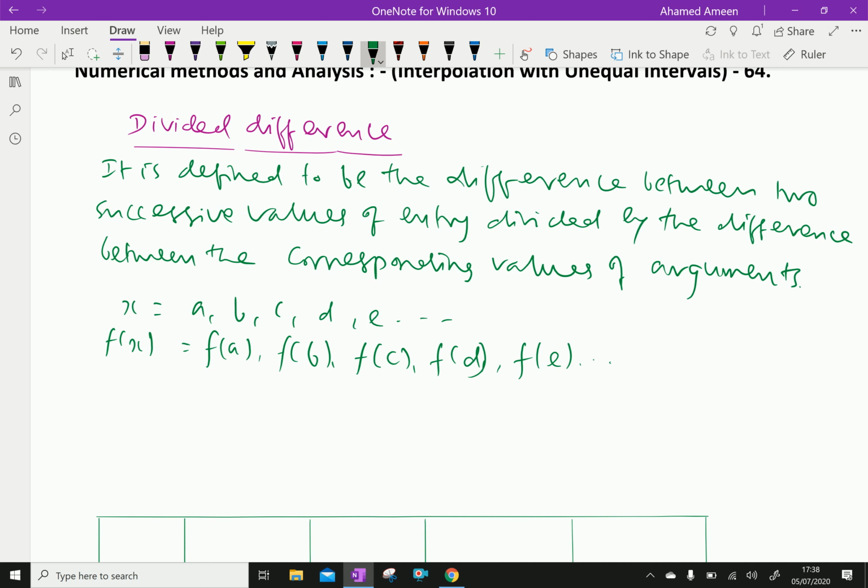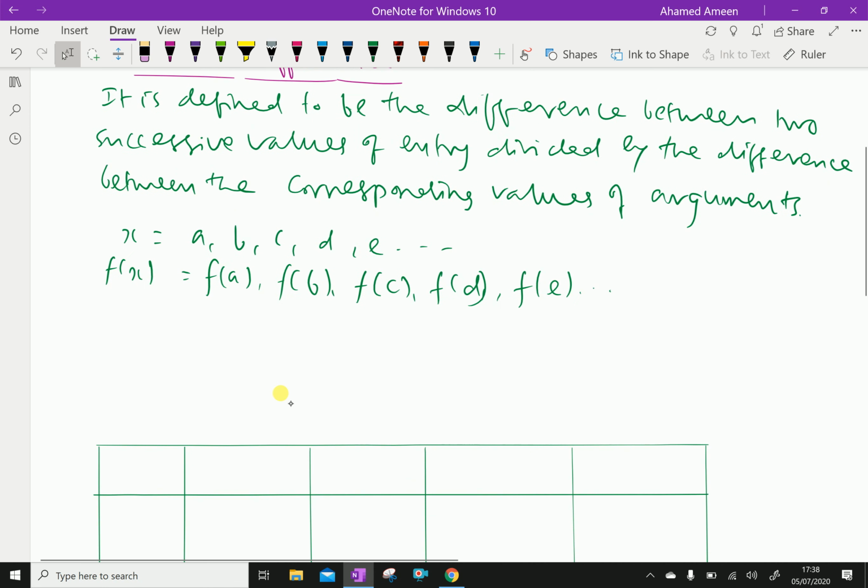That means the values of x are given as a, b, c, d, e, and the corresponding values of y, that is f of x, are f of a, f of b, f of c, f of d, and f of e.